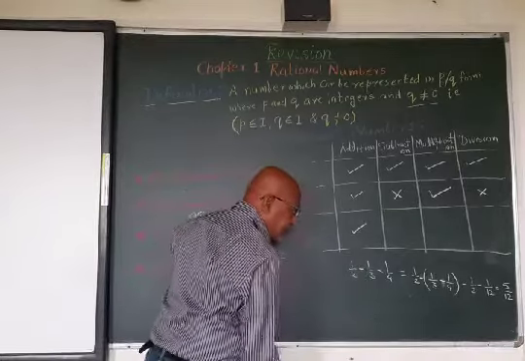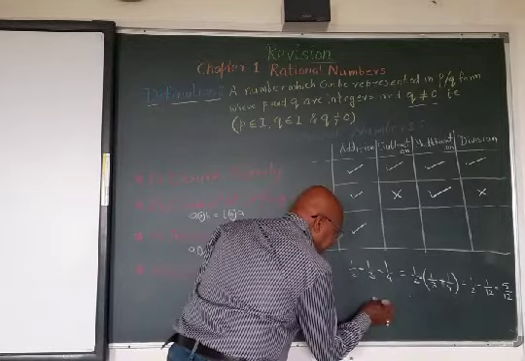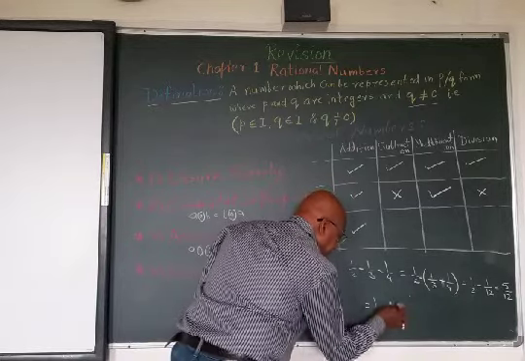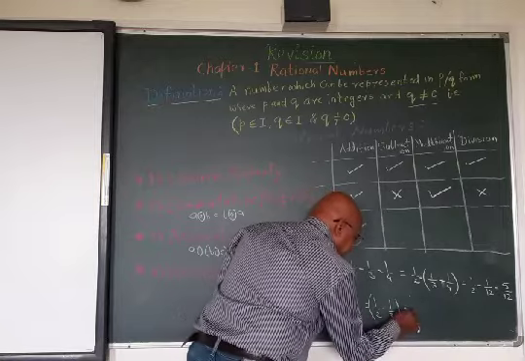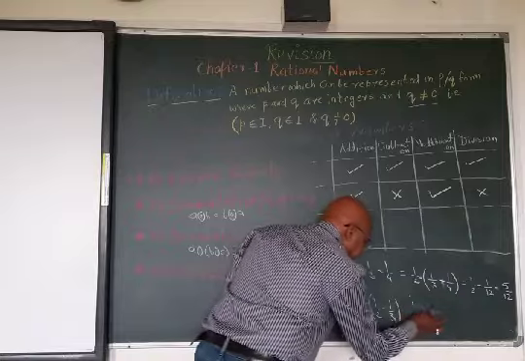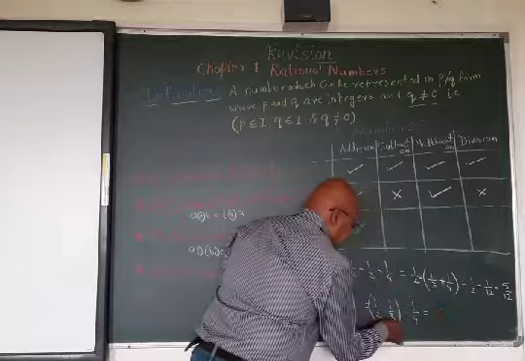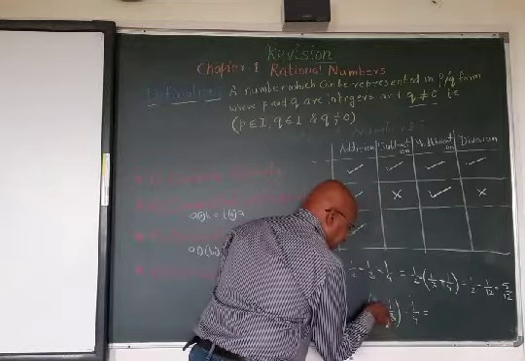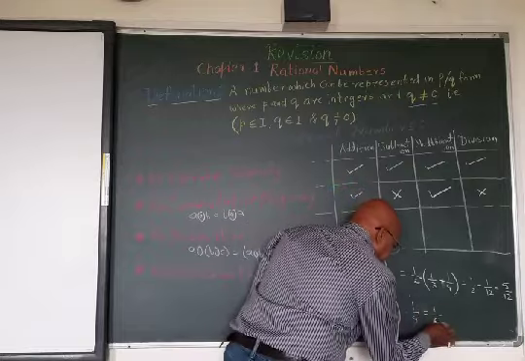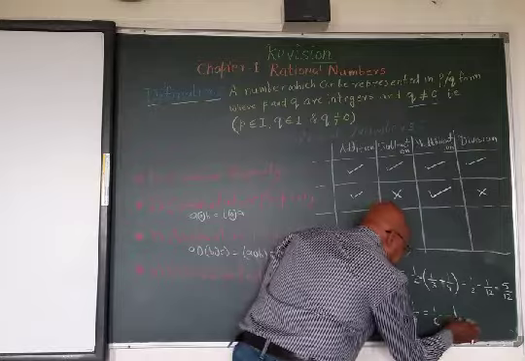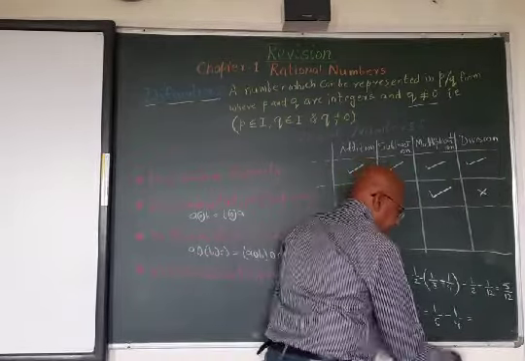Now if we change the sequence, say equal to 1 upon 2 minus 1 upon 3 minus 1 upon 4. What we get here? Here 3 2s are 6. 3 1s are 3, 2 1s are 2. 3 minus 2 is 1. So 1 upon 6 minus 1 upon 4. Again here the LCM is 12.